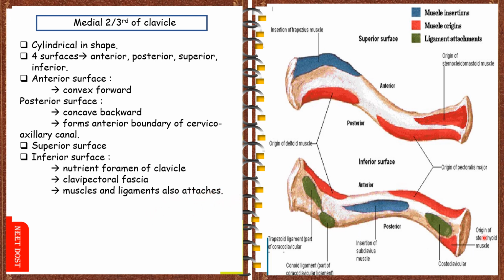The subclavius muscle is inserted into the subclavian groove at the inferior surface, and ligaments like the costoclavicular ligament attach to the oval impression on the medial end. This is the oval impression at the medial end where the costoclavicular ligament attaches.